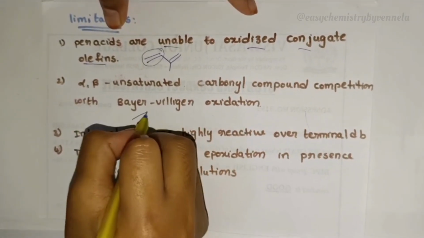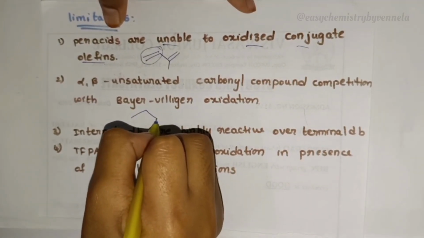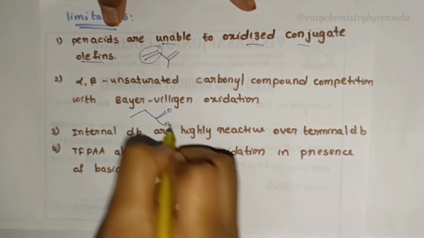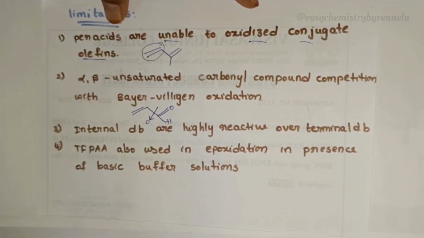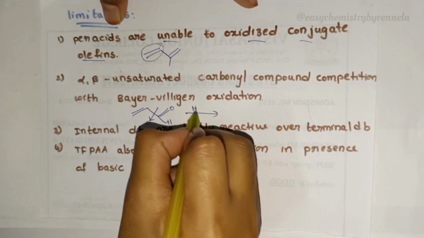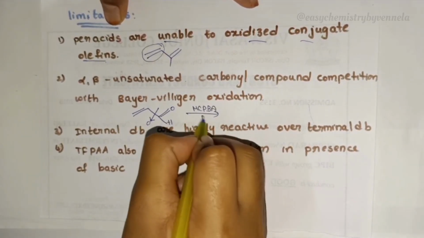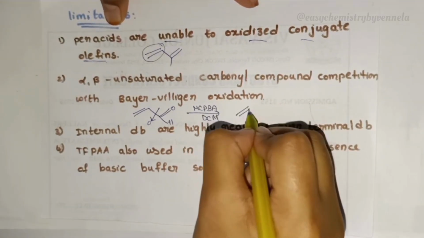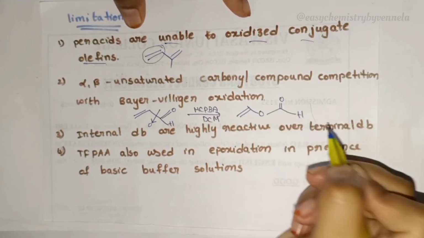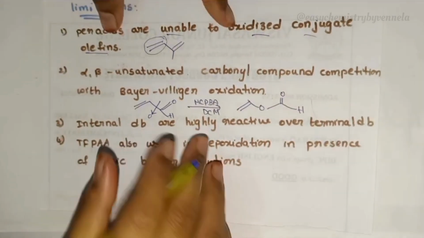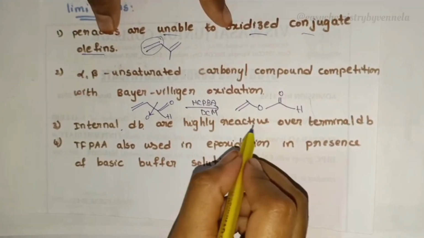This is the example. Here you can insert oxygen. MCPBA, DCM. Simply you can insert one oxygen, then it is Baeyer-Villiger oxidation. Next, internal double bonds are more reactive than terminal double bonds.